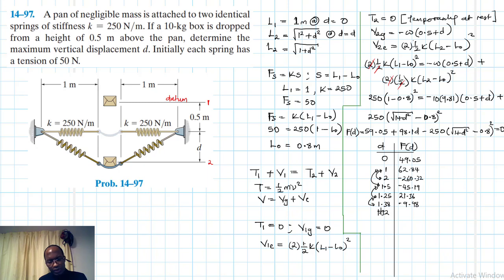Alright, we feed in the value. So what do we get? We have a 5.35.